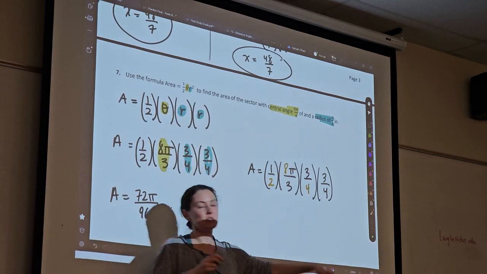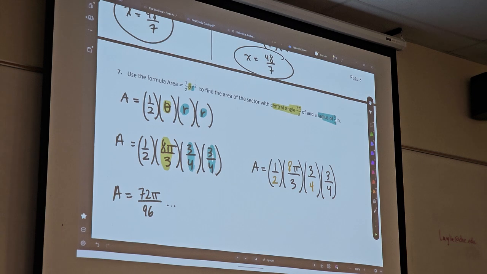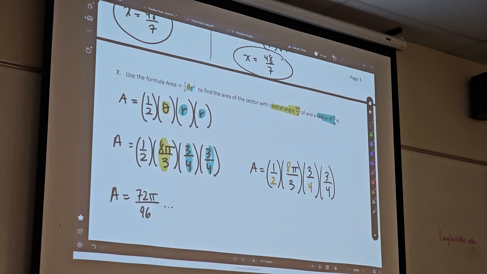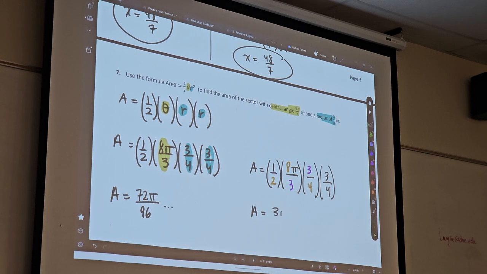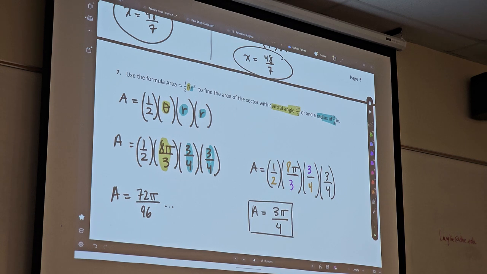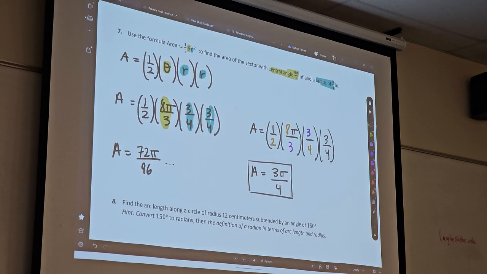And 3 over 3 is 1. There's another secret times 1. How about purple? Those are all secret times 1s. So in the numerator, you just have 1 times pi, the black stuff. 1 times pi times 3, you got 3 pi. In the denominator, you got 4. It's kind of nice. But you can look for your secret times 1s here.